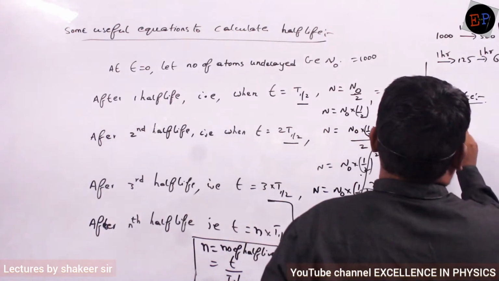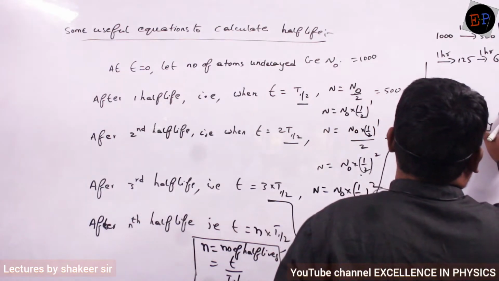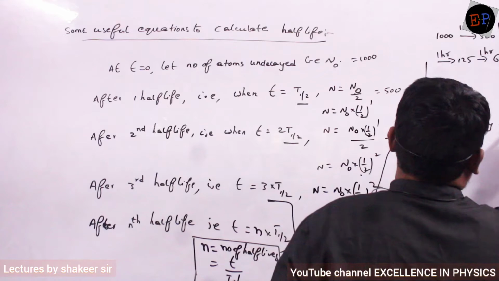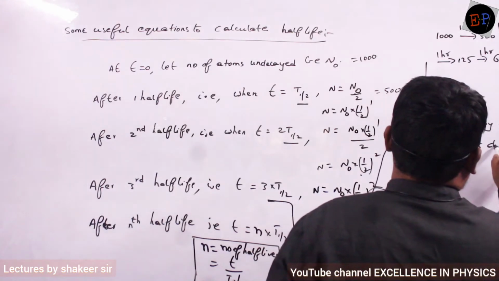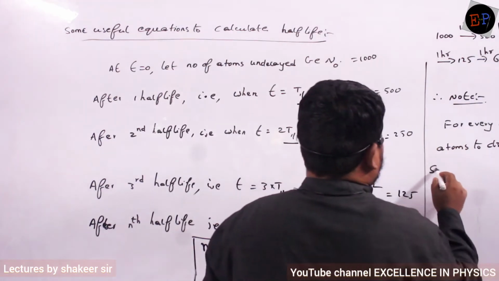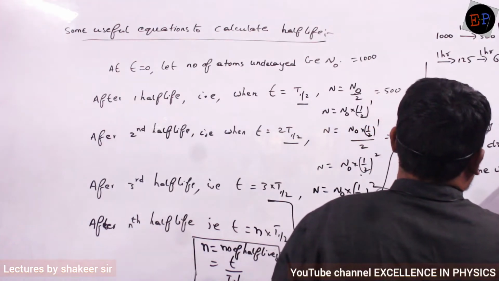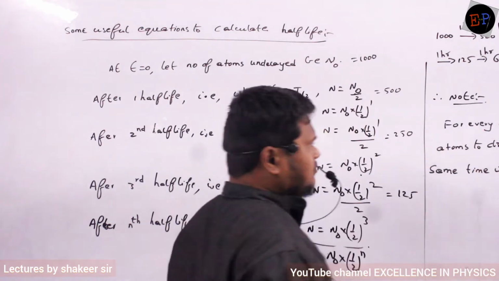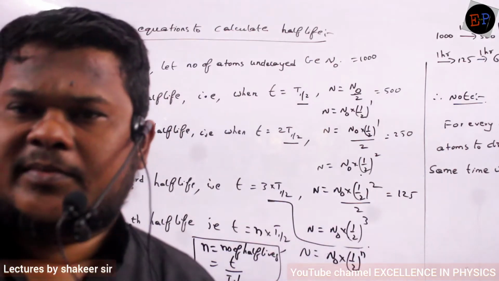For every half of the atoms to disintegrate, the same time is taken. This is the most important point in radioactivity.